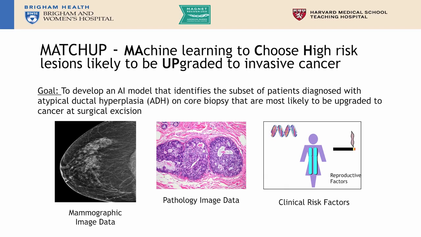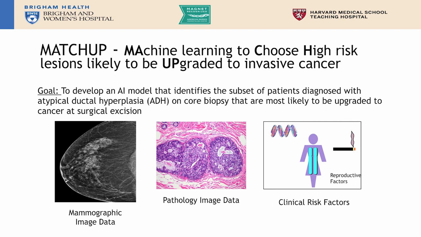Once we've clarified that there is no cancer, then we talk about the long-term risk associated with those atypical lesions. Now, we'd really like to not have to do unnecessary surgery on 75 women to find cancer in 20 or 25, and so we're doing research around this area, trying to use artificial intelligence.